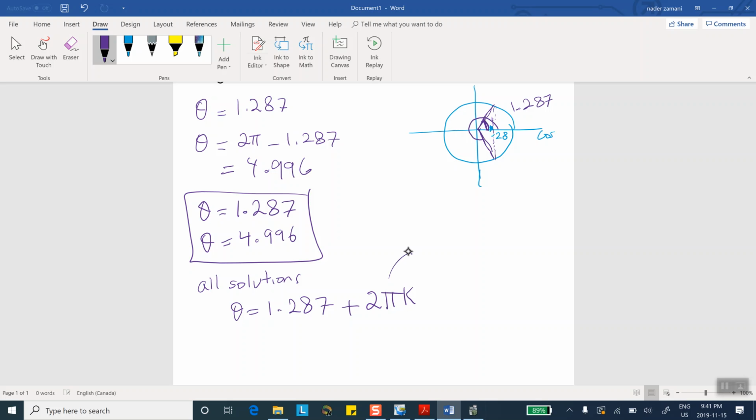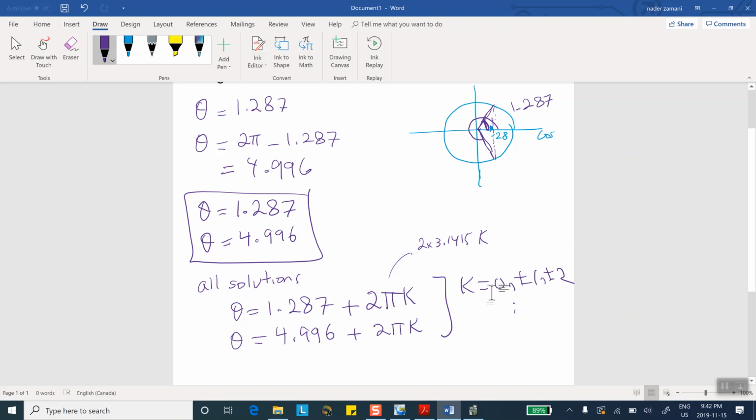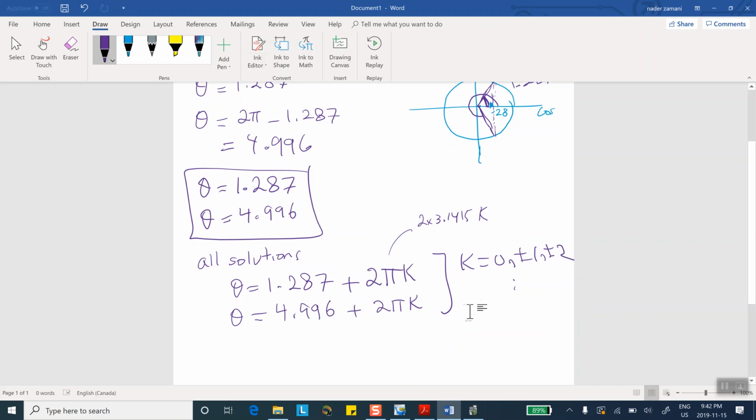Remember, 2 pi k means 2 times 3.1415, etc. times k. So it's just a number, okay? And theta equal to 4.996 plus 2 pi k, where k is equal to 0, plus or minus 1, plus or minus 2, etc. And if it says give me 6, then just select three values of k, for example, 0, plus 1, and minus 1, and you get 6 values of theta.